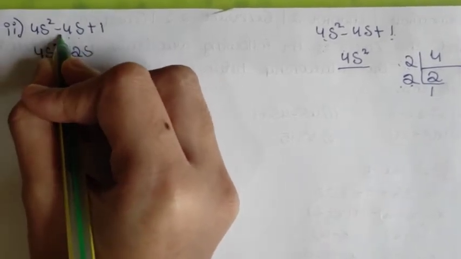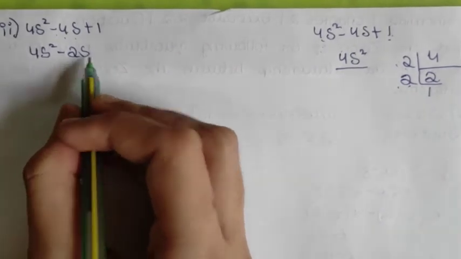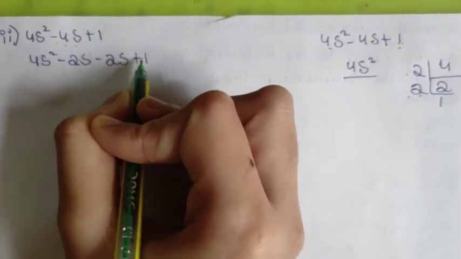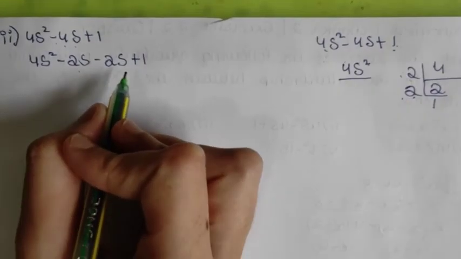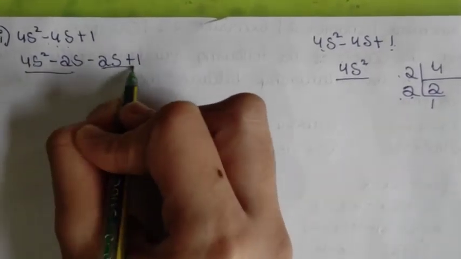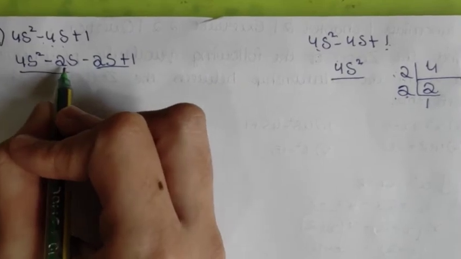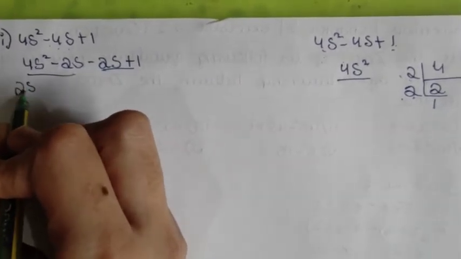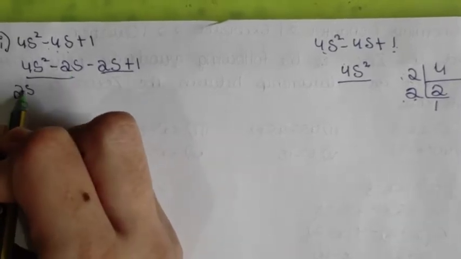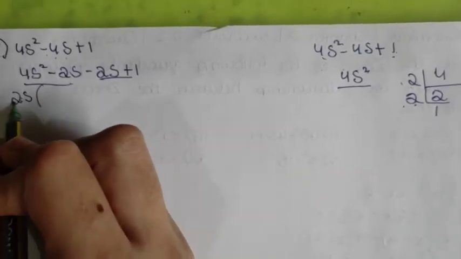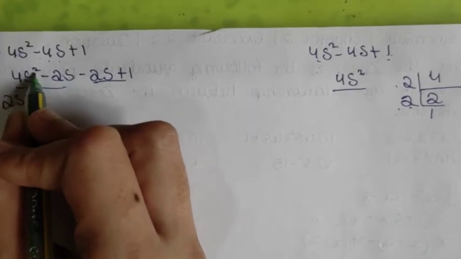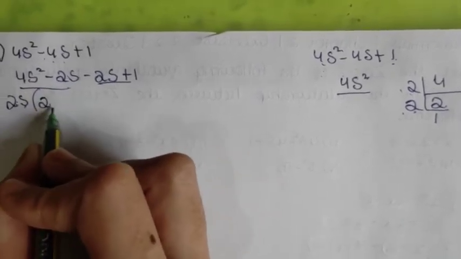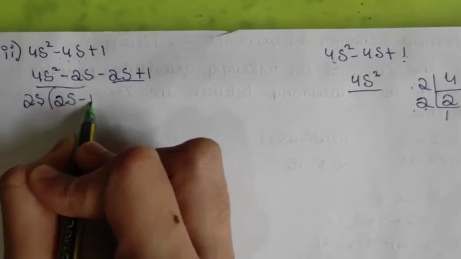Here we have a minus sign, so I took it as minus 2s minus 2s plus 1. Now let's take the common factors. Here we have the common 2s. 2 times 2s is 4s square, and s square means s into s. One s I took here and the other s remains, and minus 1.